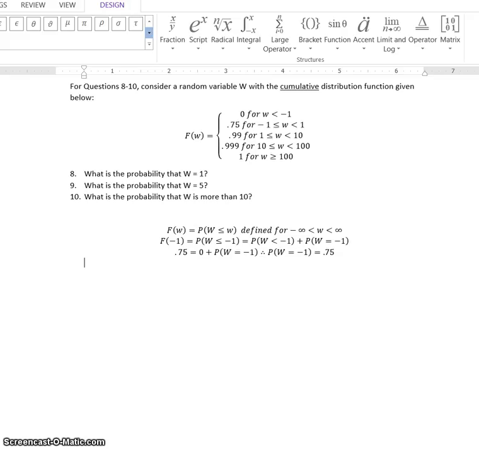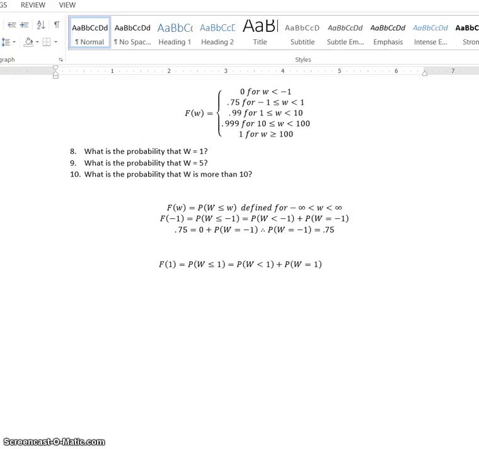The next possible place that the cumulative distribution function increases is at 1. So that's going to be the next possible value that W can take on. Using the same logic, we can see that F of 1, the probability that the random variable W takes on a value less than or equal to 1, is the probability that W is less than 1, plus the probability that W is equal to 1.